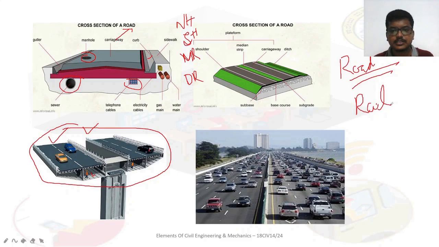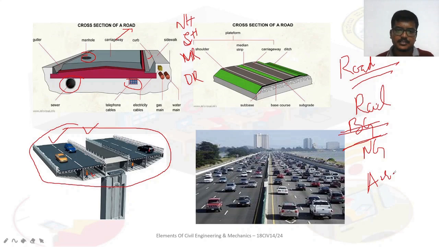Railways also come under it, such as how the rails are laid, whether broad gauge or narrow gauge. In airports, how the airstrip should be, everything is dealt with in transportation engineering.